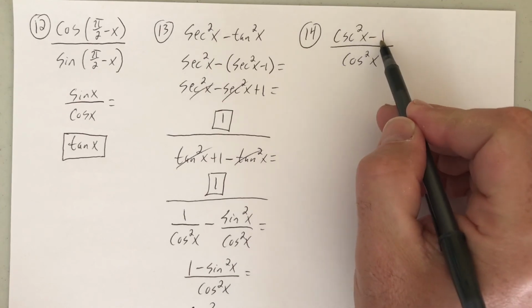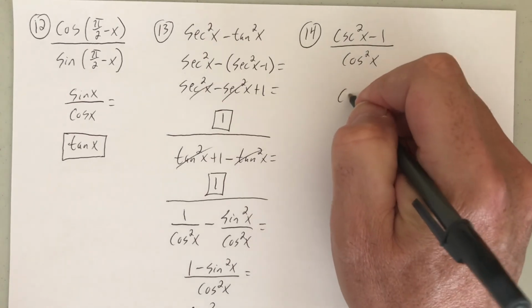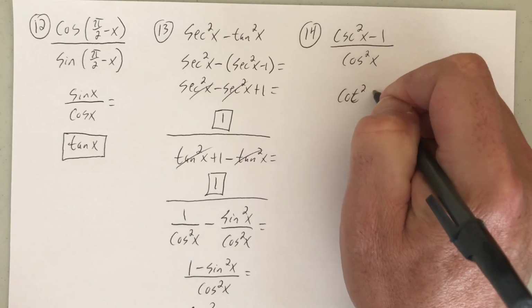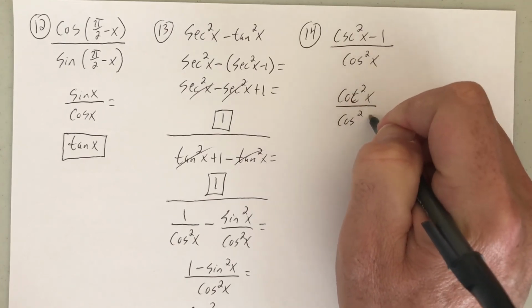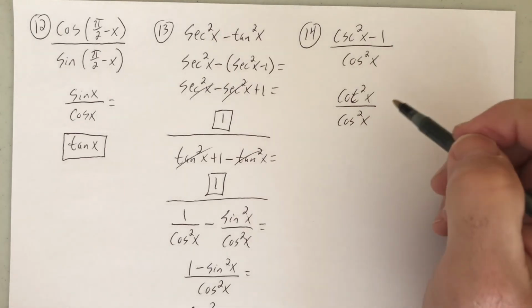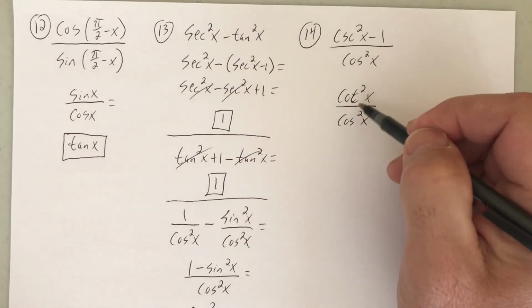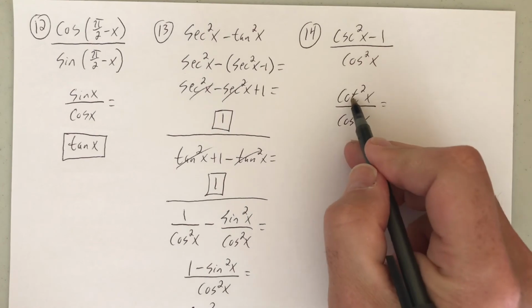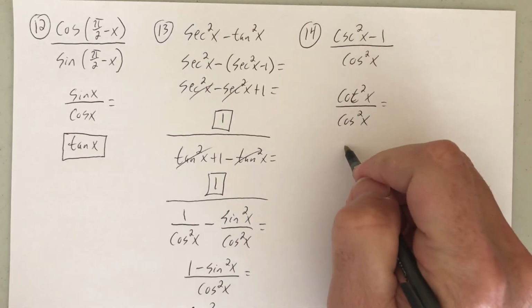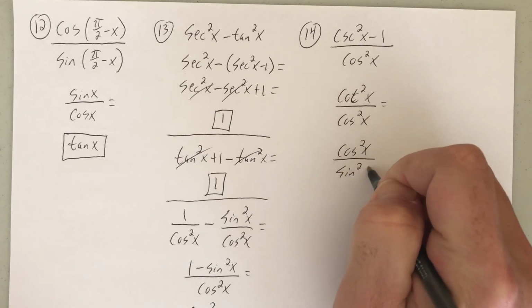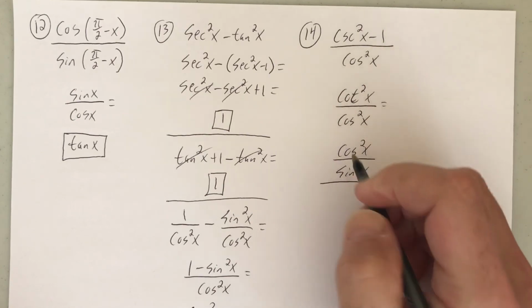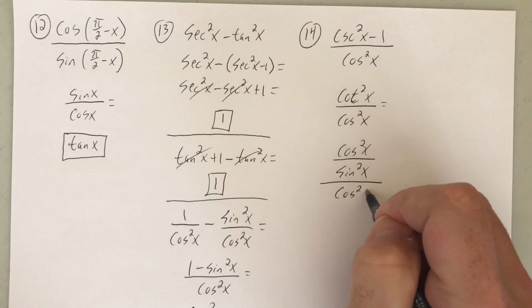Cosecant squared x minus 1 is equal to cotangent squared x over my denominator, so cosine squared x. And then I'm going to go ahead and replace this with sines and cosines. So cotangent squared x is equal to cosine squared x over sine squared x divided by my denominator, cosine squared x.